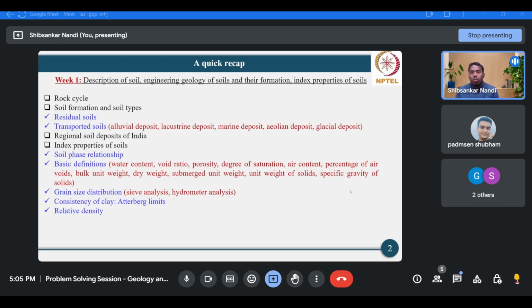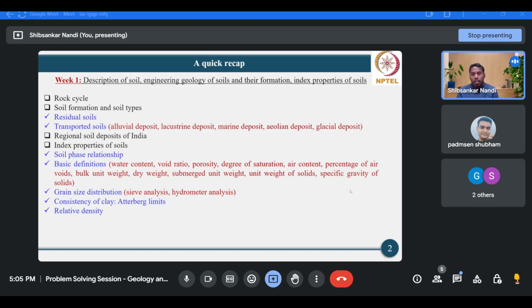Firstly, under description of soil and engineering geology of soils and their formation, we have learned what is rock cycle and how soil is formed, and what are the different types of soil, like residual and transported soils, then different regional soil deposits of India, and lastly the index properties of soil.